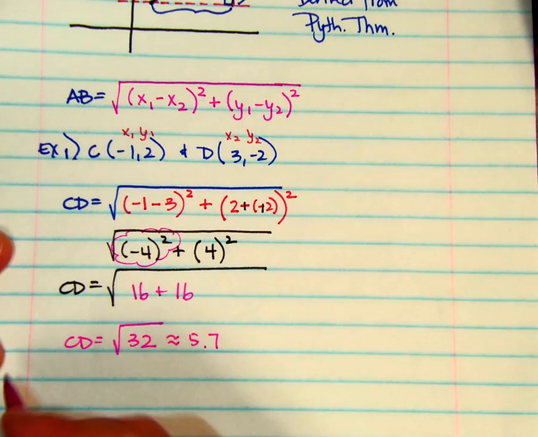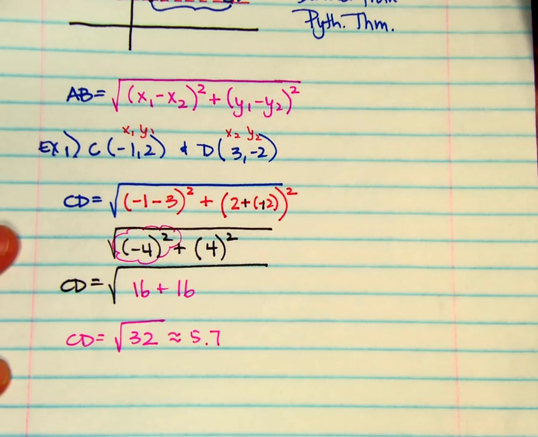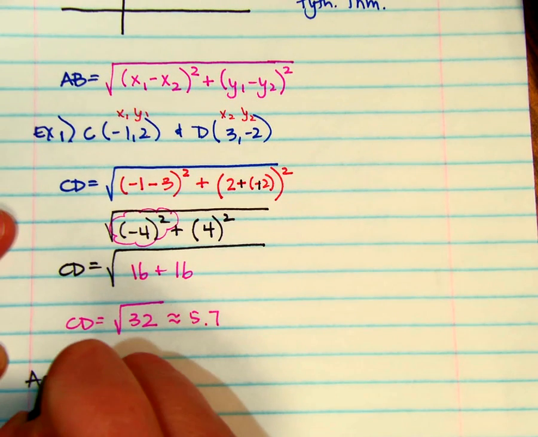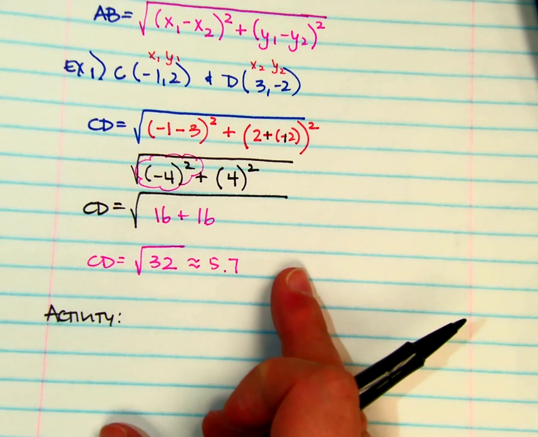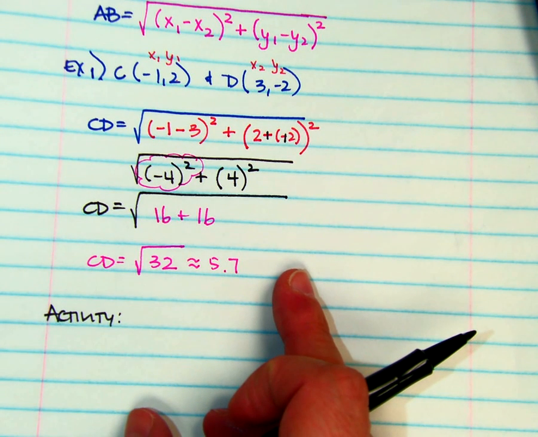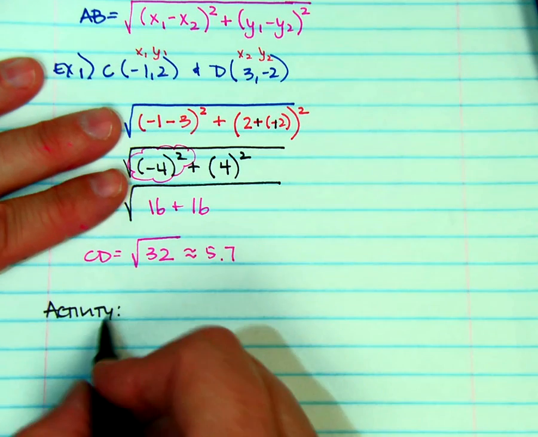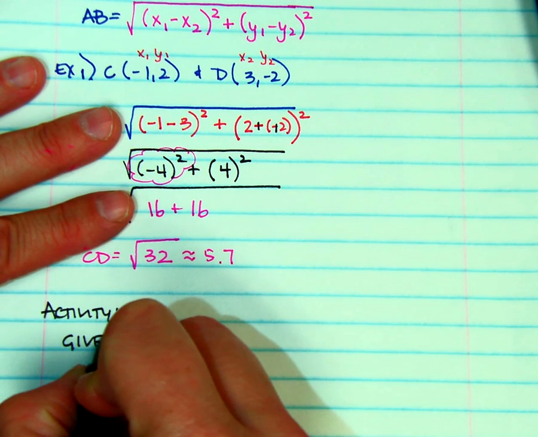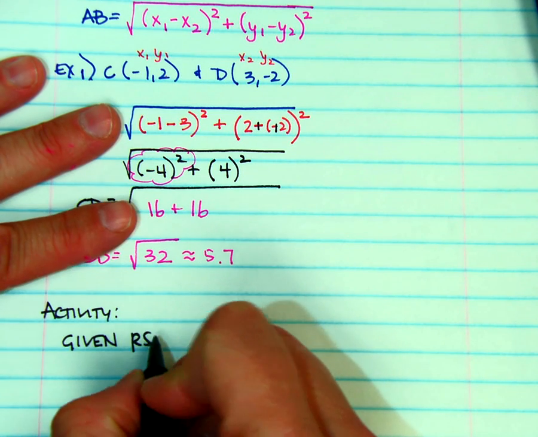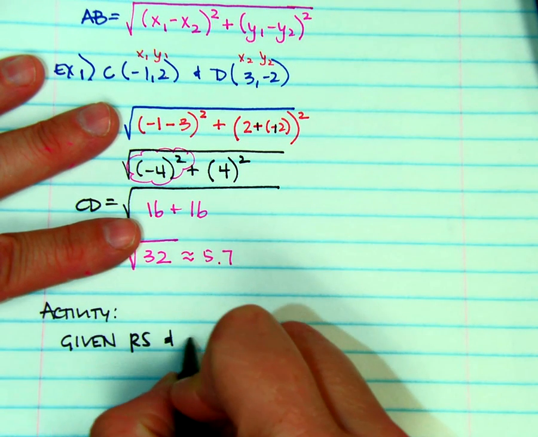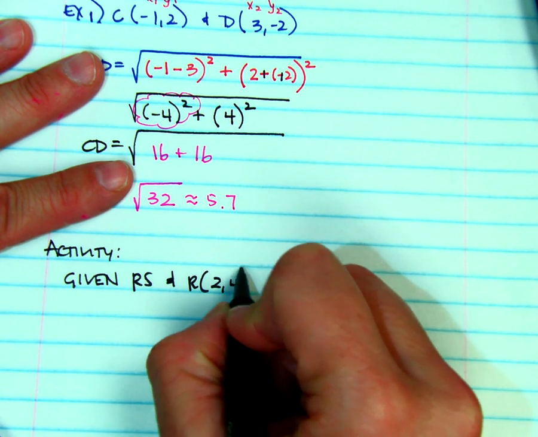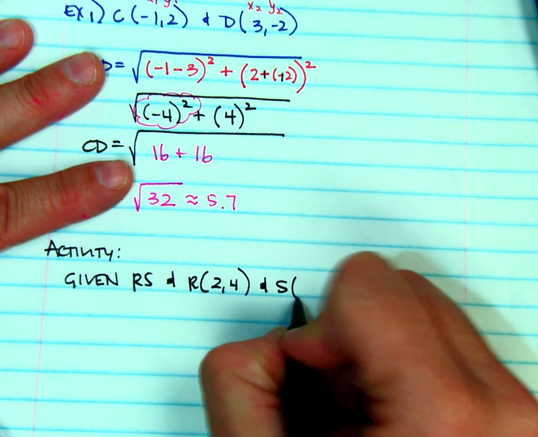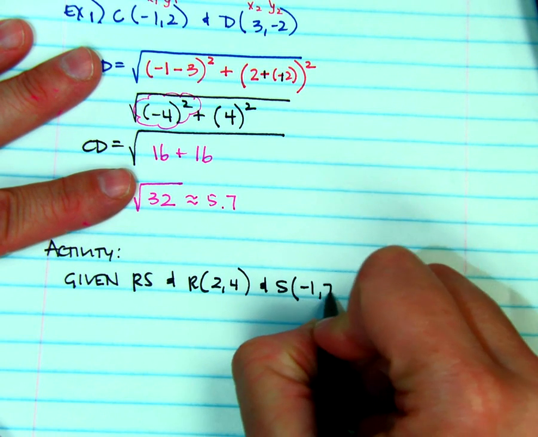Okay, so what I'd like you to do for warm-up is to do an activity. Given RS, and R is at the ordered pair of 2 and 4, and S is at the ordered pair of -1 and 7.